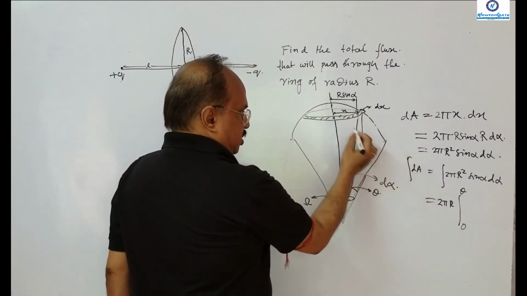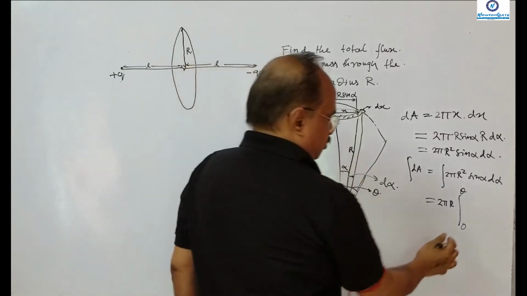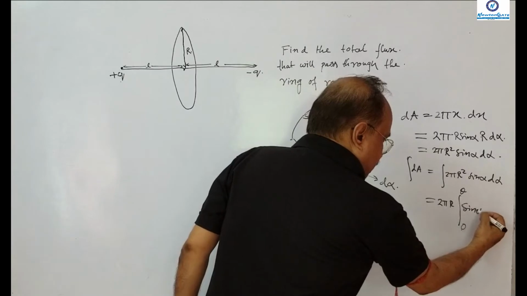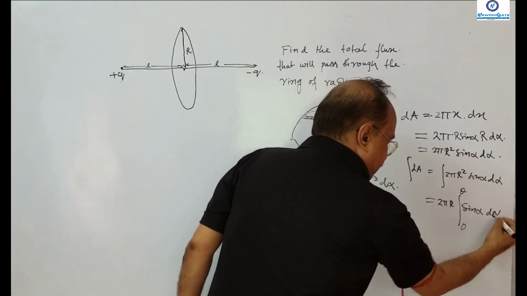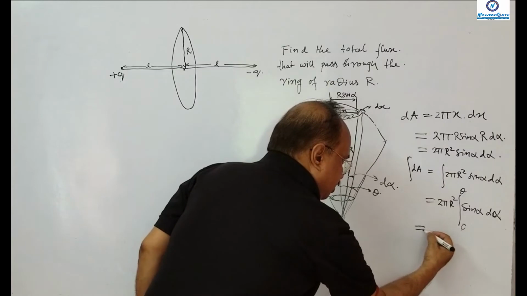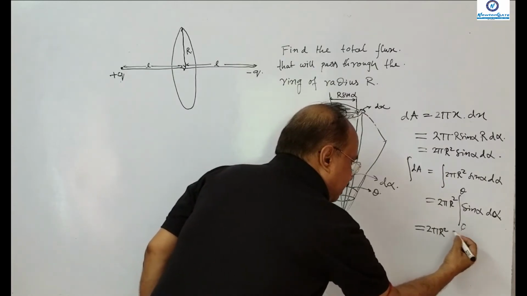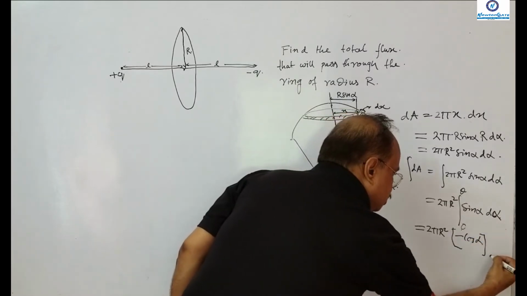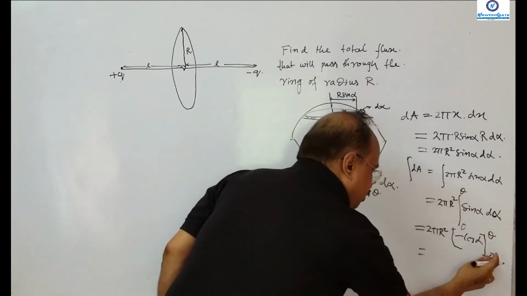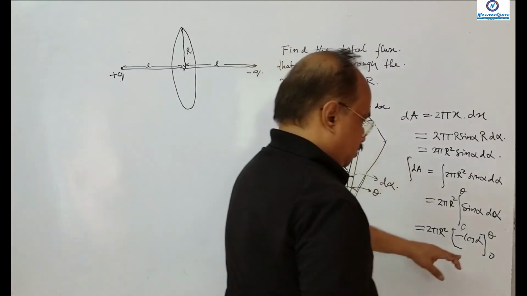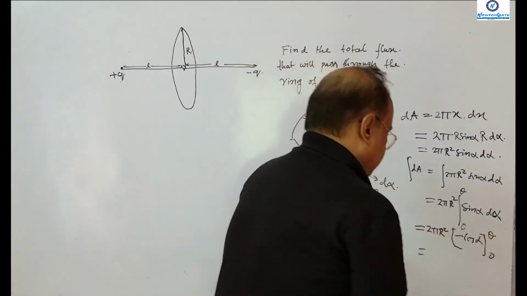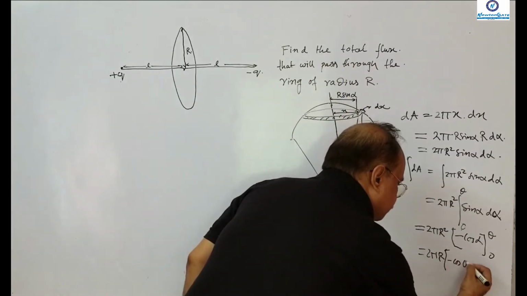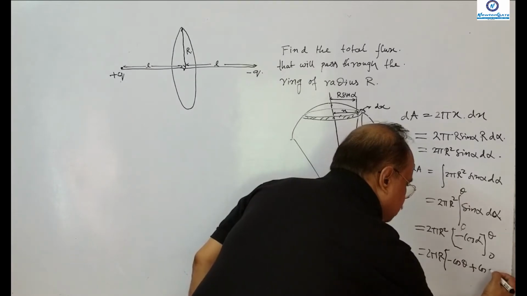That equals 2 pi r square times minus cos alpha from 0 to theta. Putting in the limits, it equals 2 pi r square times minus cos theta plus cos 0.